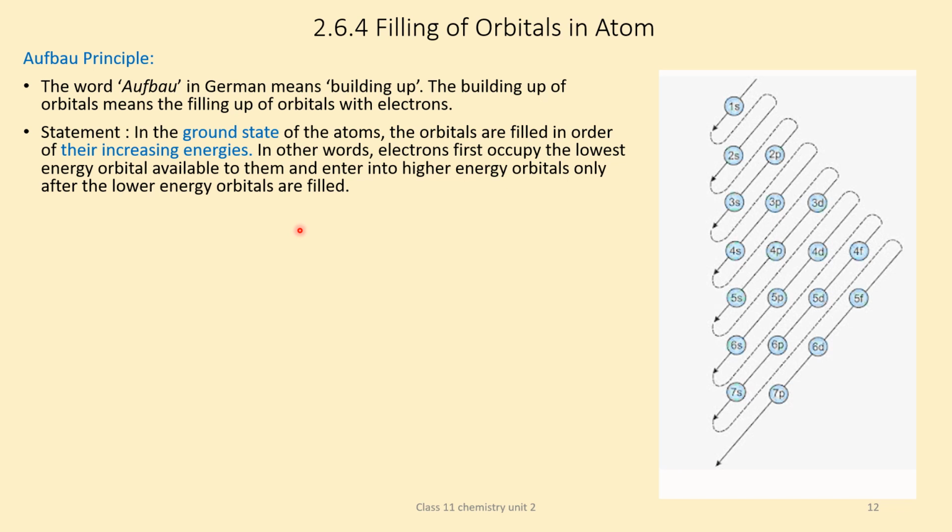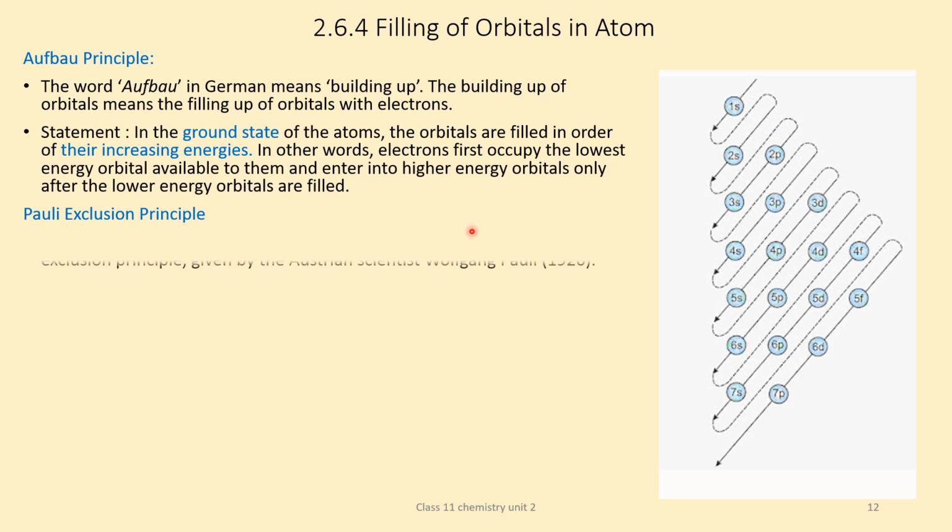In other words, electrons first occupy the lowest energy level orbital available to them and enter into the higher energy orbitals only after lower energy orbitals are filled.